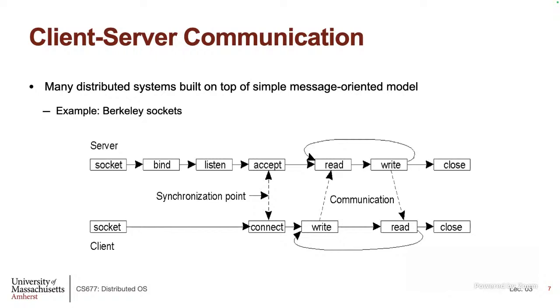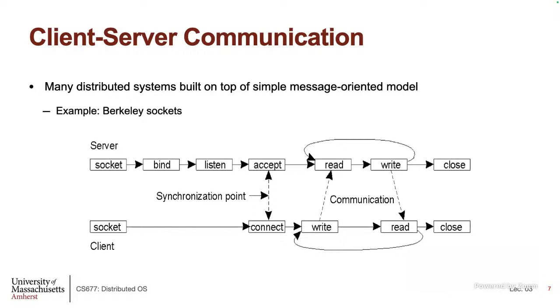It is going to listen on that socket, which means it is saying I'm ready to accept messages or data over this socket. Then accept allows you to accept a specific connection over the socket. Read or write, or send or receive, they're equivalent in this case, allow you to send and receive messages once the connection has been established.